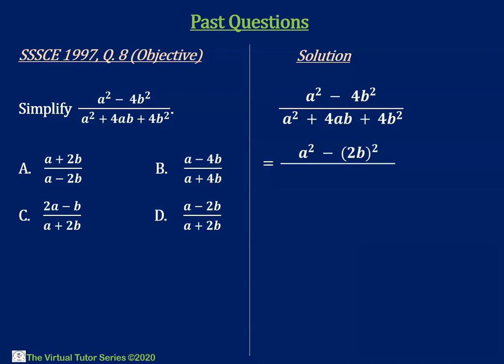The denominator is a quadratic trinomial with 2 variables. To factorize an expression of this nature, we need to first find 2 factors of the product of the coefficient of a² and the coefficient of b², which will sum up to the coefficient of ab.